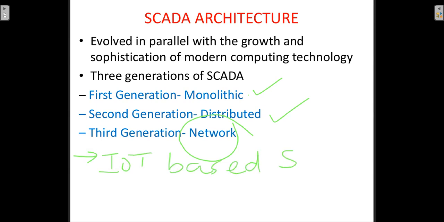Nowadays this is playing a very important role after the advancements in Internet of Things technology. These are the four types of architectures in the SCADA system, and we shall see each of them in our next presentation.